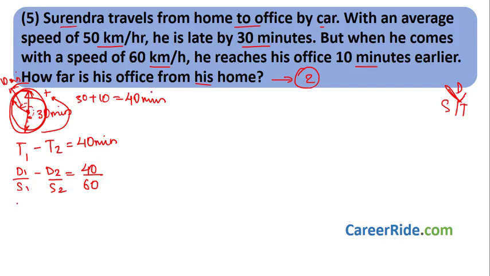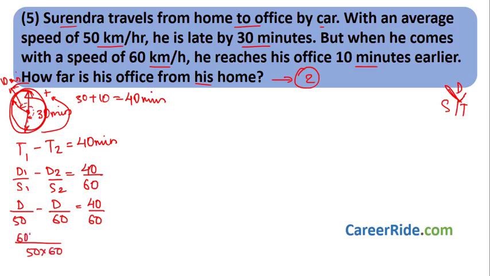What is the distance traveled by Surendra from home to office? We do not know, we have to find it out. Let us assume the distance between home and office is D kilometers. So D divided by the speed in the first case, 50, minus the same distance D divided by the speed in the second case, 60, equals 40 upon 60. LCM is 50 into 60.